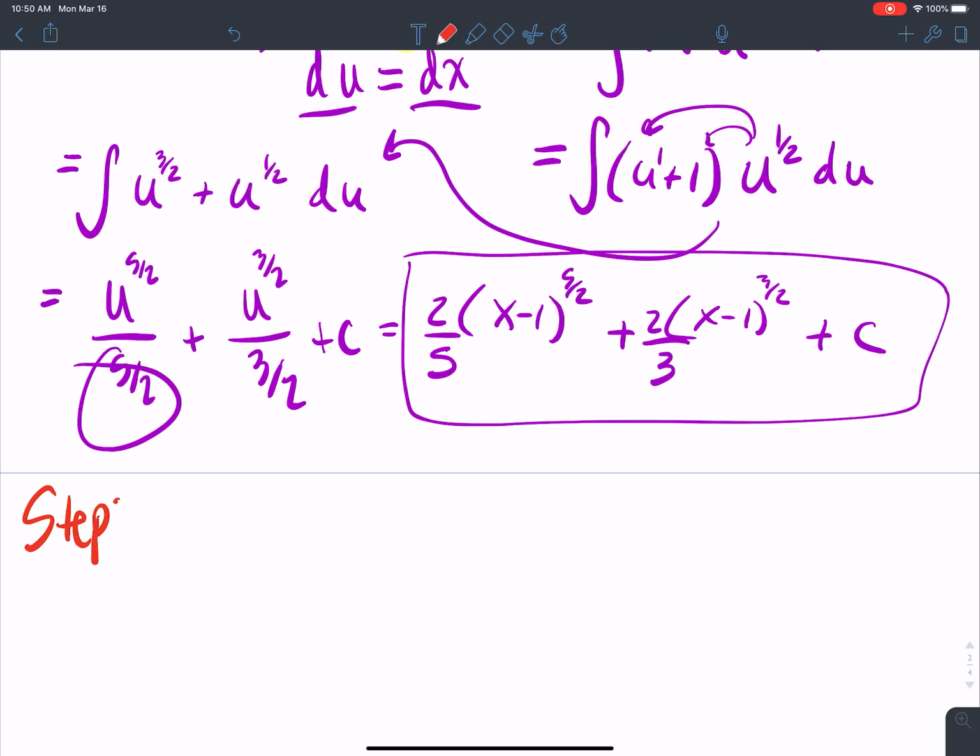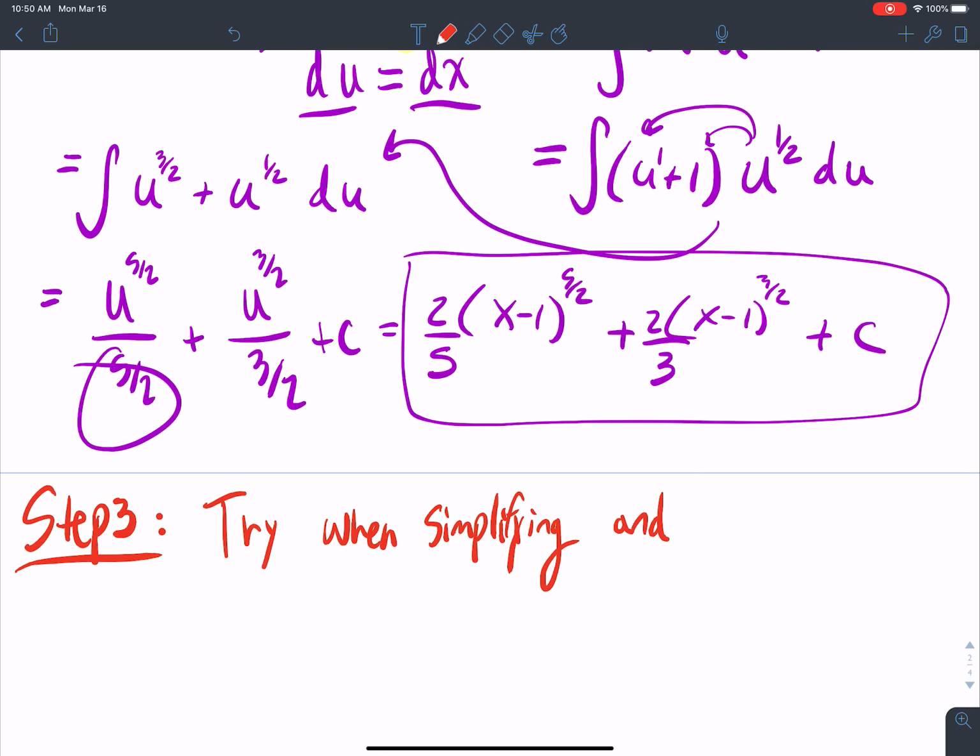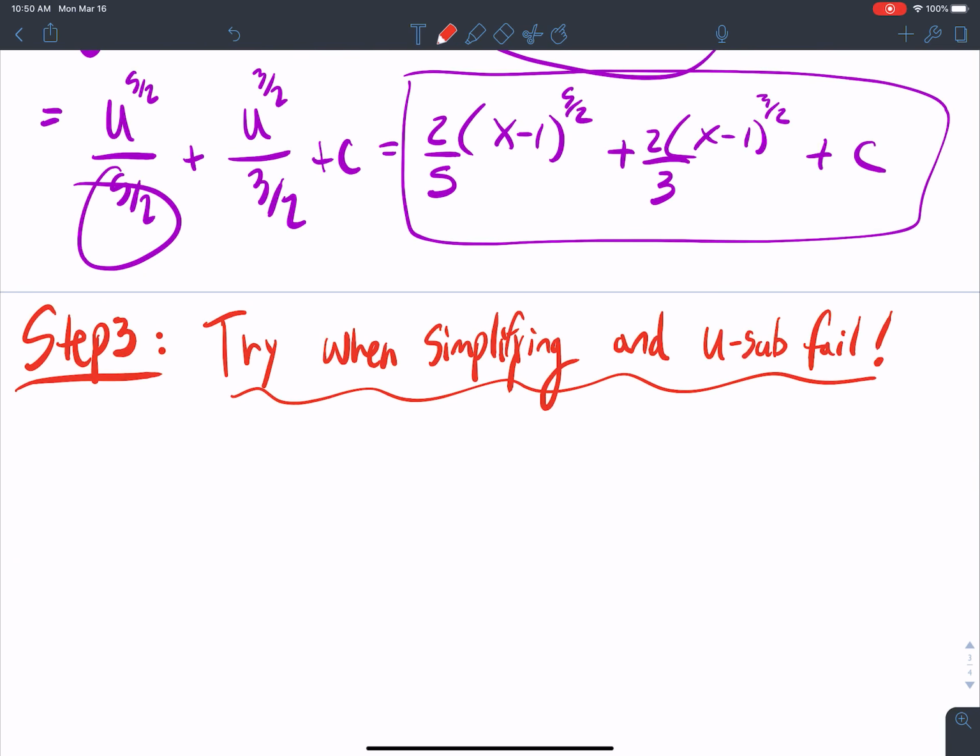Step 3. Try, when simplifying in U-sub fail. Okay? Only go to this whenever simplifying in U-sub doesn't get us anywhere. All right?